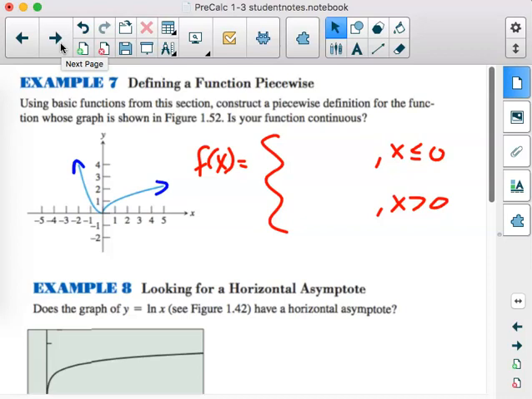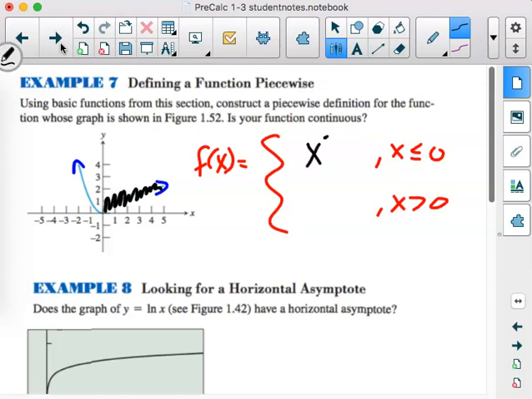All right, so take a look at just the left side of that graph. Do you recognize it? Josiah, what did you see? Careful, I think you just set it backwards. Yeah, squaring function, x squared.